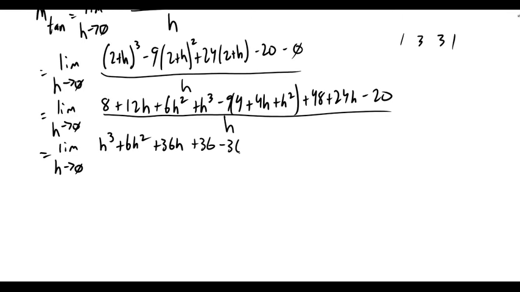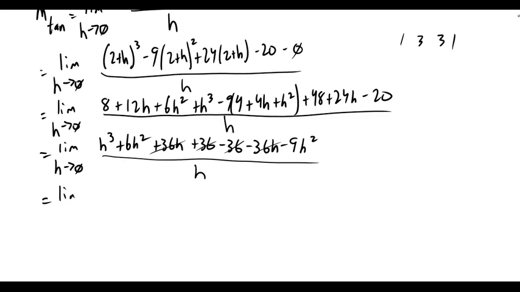So minus 36 minus 36h, that worked out nicely, minus 9h squared, and I think I got everything there. 36 minus 36, 36h minus 36h. So I've got h cubed, 6h squared minus 9h squared, minus 3h squared over h.